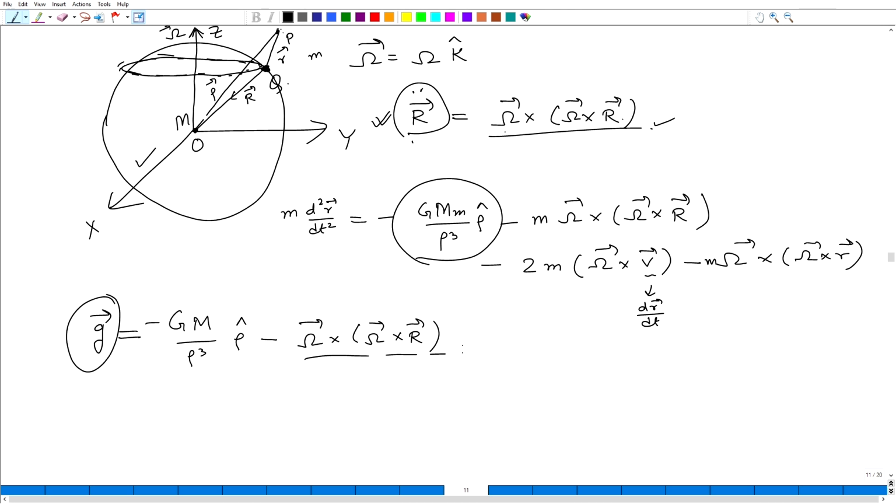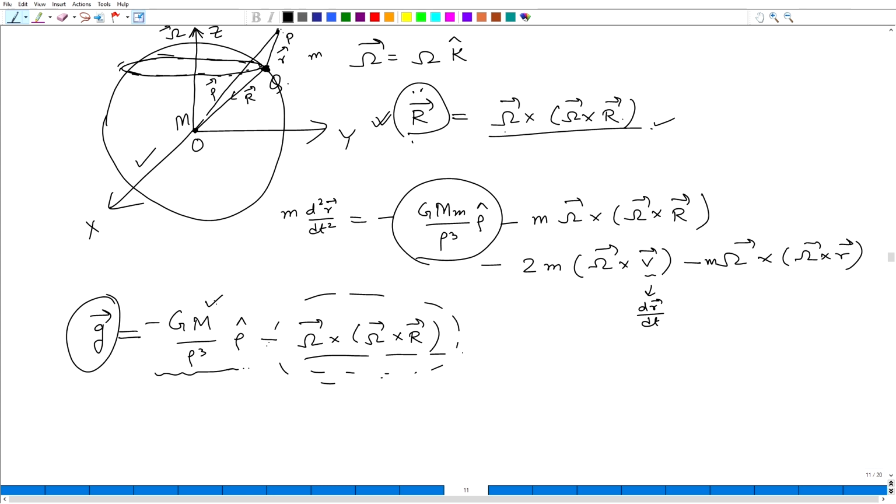So that is an attraction force due to the mass interaction. It is a gravitational interaction between the earth and the particle. This one, with this minus sign, is acting radially inward, and this one, with this minus sign, is acting outward.